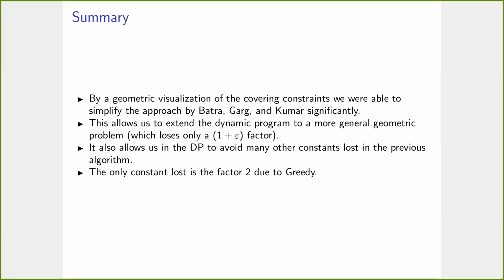This is essentially the only place where we still lose some constant factor. And of course, one interesting remaining direction is whether you can also get rid of this factor and really get a PTAS for this problem.